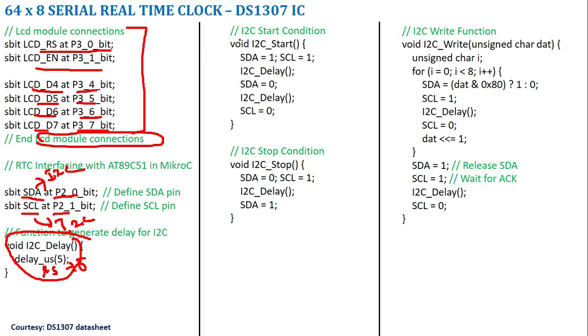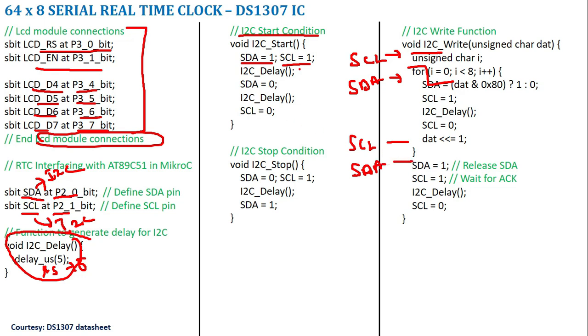Now we will define the start condition. In the start condition, what do we have to do? My SCL should be high, and SDA should have a high to low pulse, right? So that is what we define. First we make SDA 1 and SCL 1, so initially both are high.